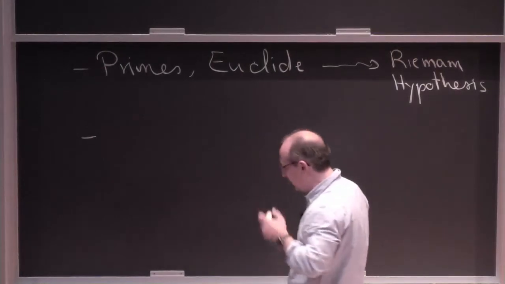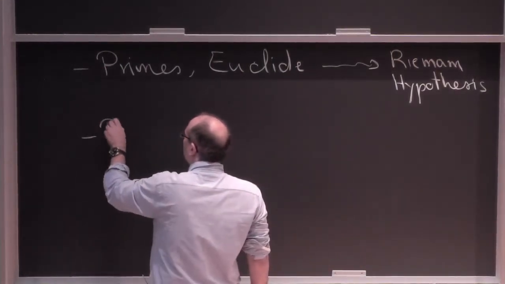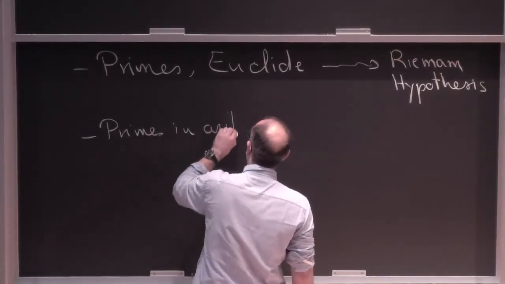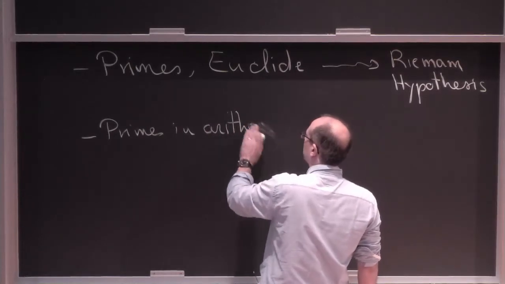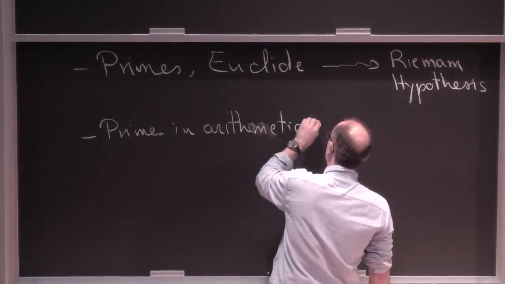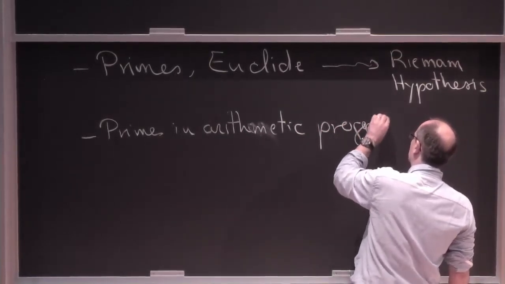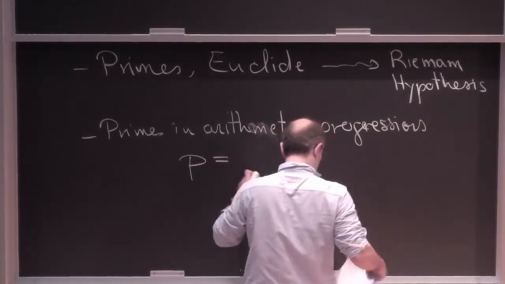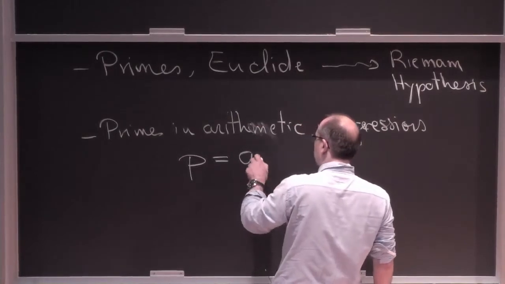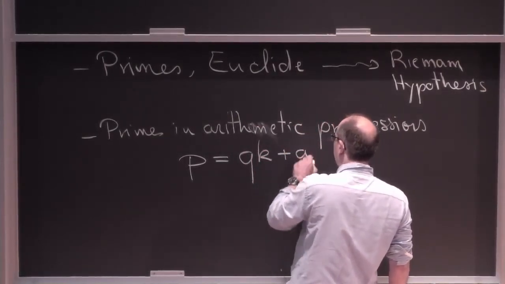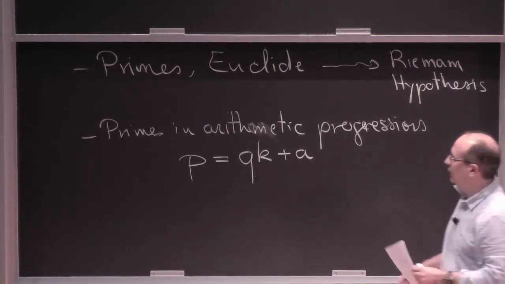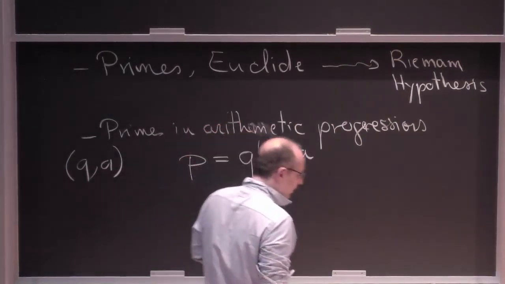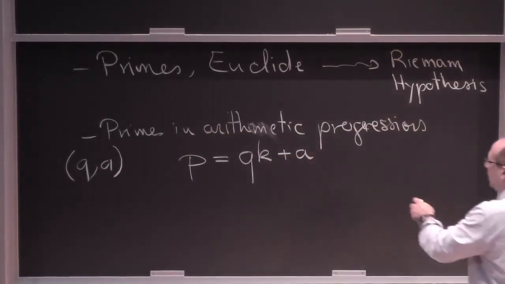So next, you have many primes, and another set which is also important: primes in arithmetic progressions, which are primes of the form qk plus a. So you give yourself a modulus q and a starting point of your arithmetic progression, and you look at these primes.